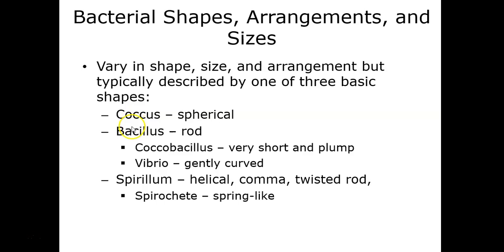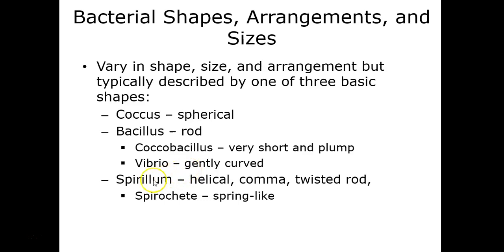Within this bacillus category, we have two kind of subcategories. We have the coccobacillus, which is kind of a shortened rod, and it has a plump ending to it. So it kind of almost looks like, instead of a circle, more like an oval. And then we have a Vibrio, which is kind of comma or kidney bean shaped. It has this curve to it. So it's a curved rod.